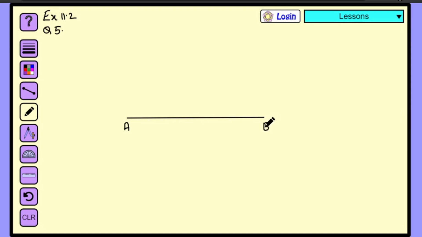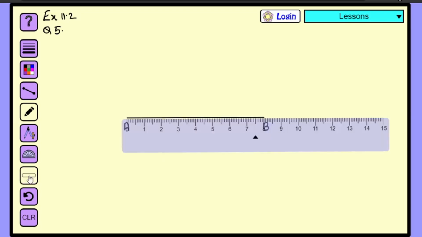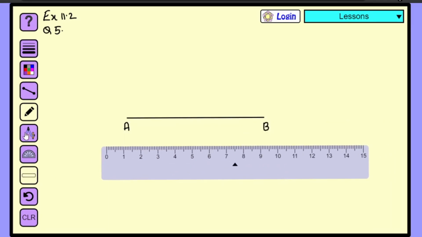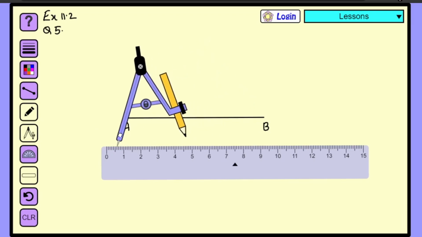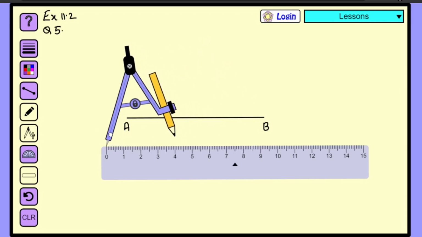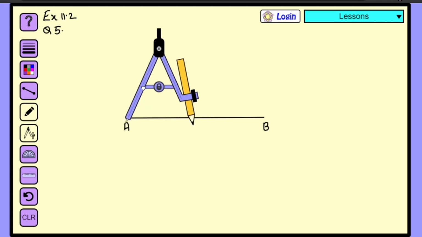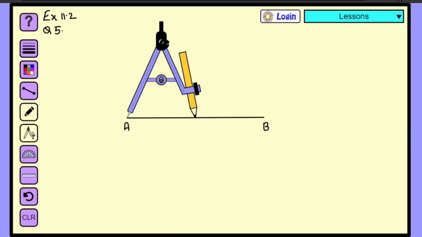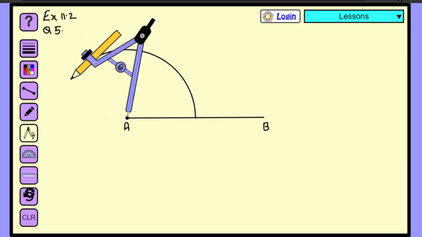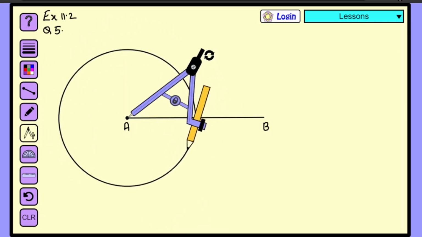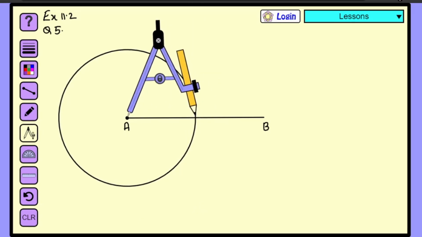Taking A as center, draw a circle of radius 4 centimeters. We have to construct a circle of radius 4 centimeters. Taking A as center and radius 4 centimeters, we constructed the circle.